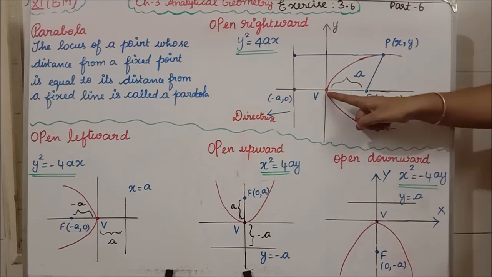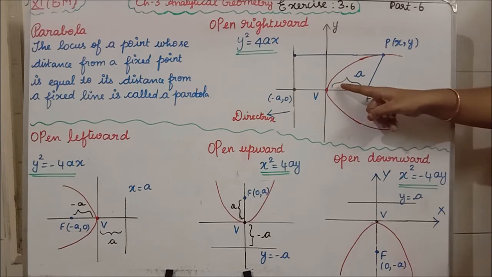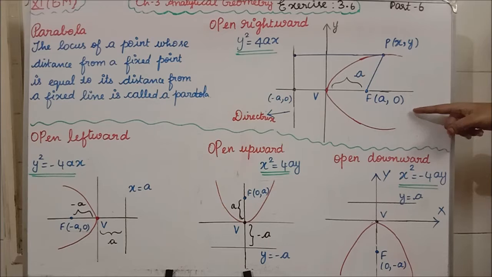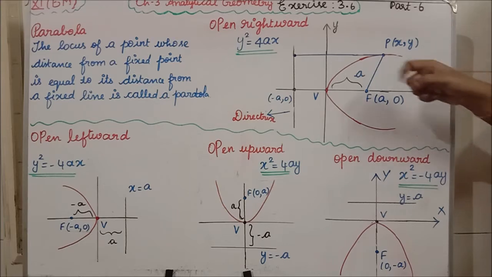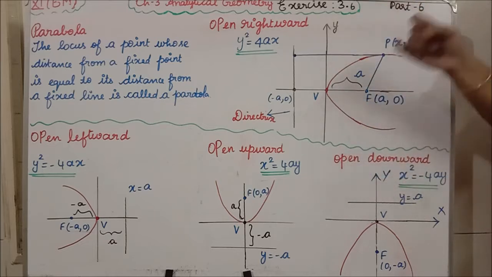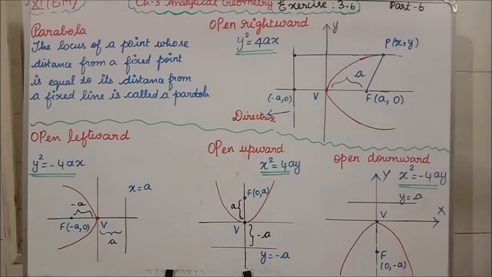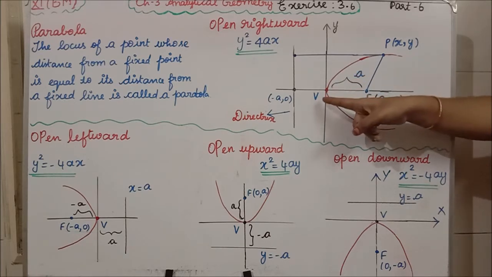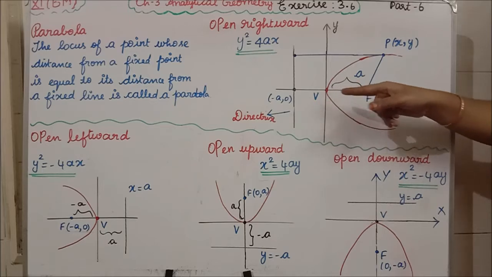Students, the point of intersection of the parabola with its axis. In this, the axis has to be either the y-axis or the x-axis. Here the vertex is at the origin 0, 0.